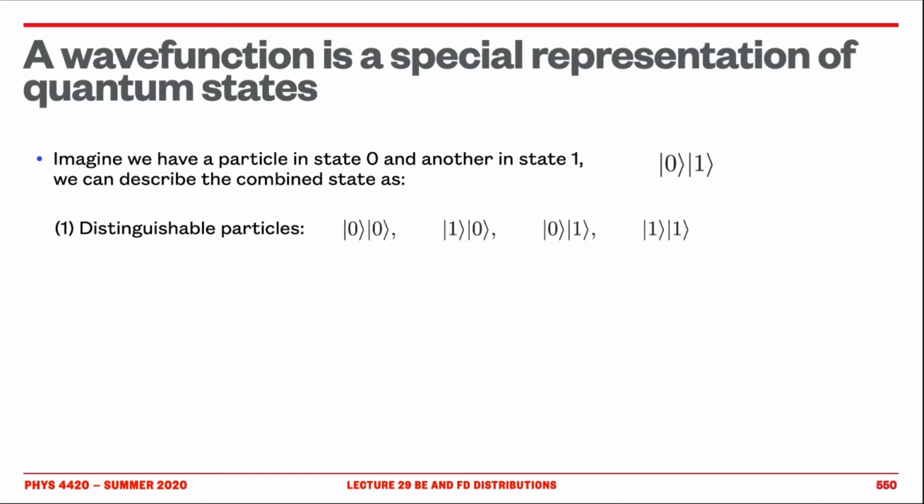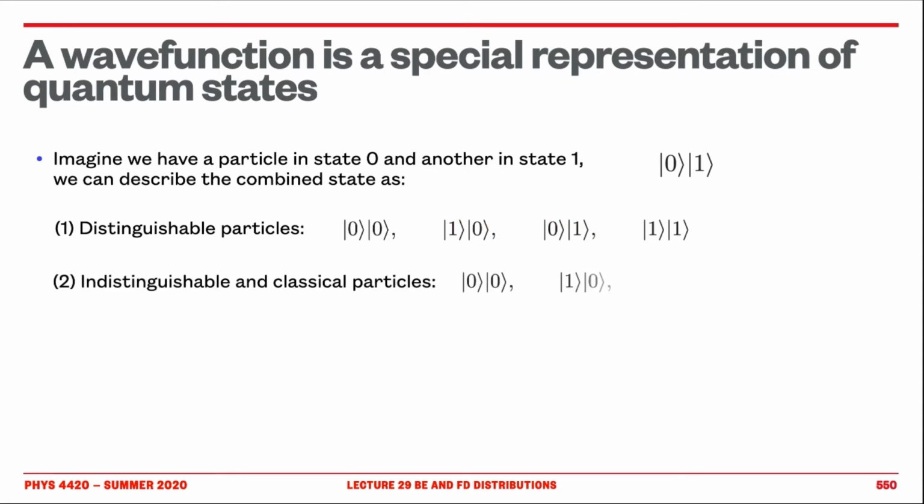Now we already know, from when we introduced the partition functions, that if the particles are indistinguishable, these two states would be equivalent. We just know one particle is in state 1, the other particle in state 0. So these two kets represent the same reality.